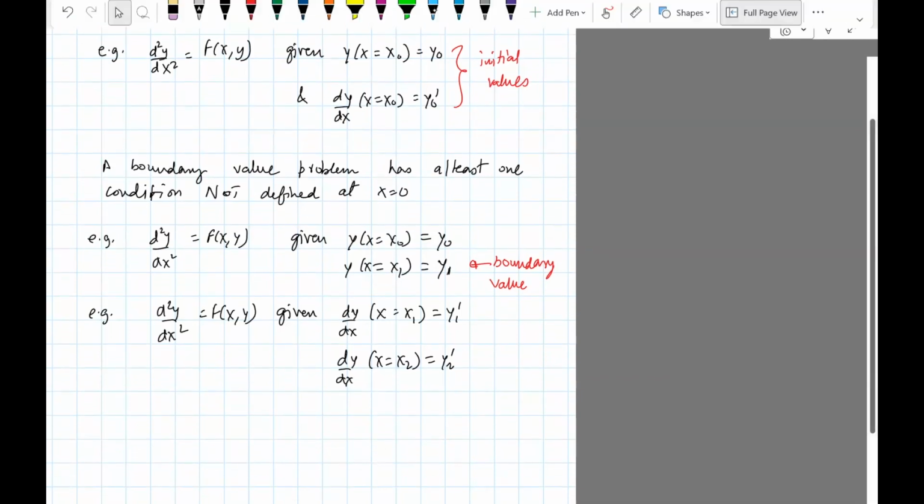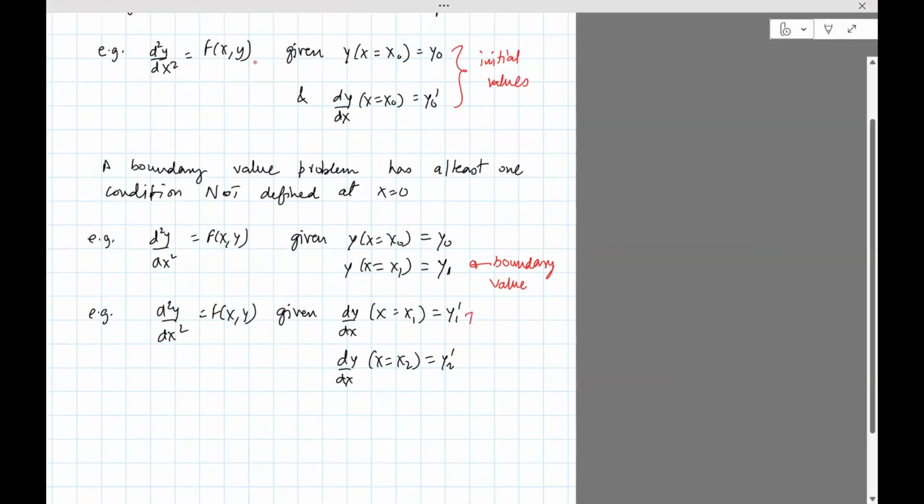So in this case, both these conditions are boundary values. They're not defined at x equals x0.